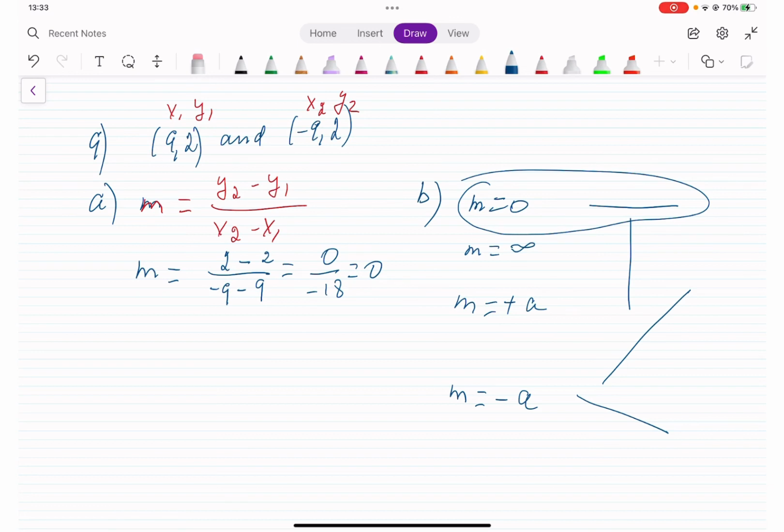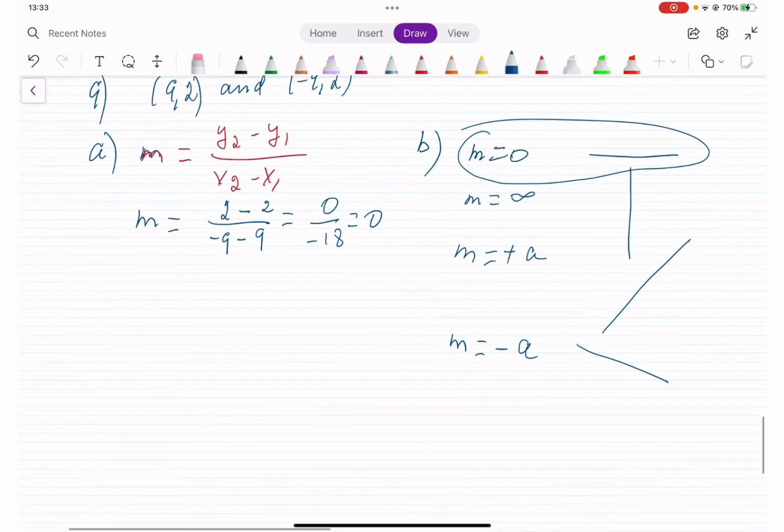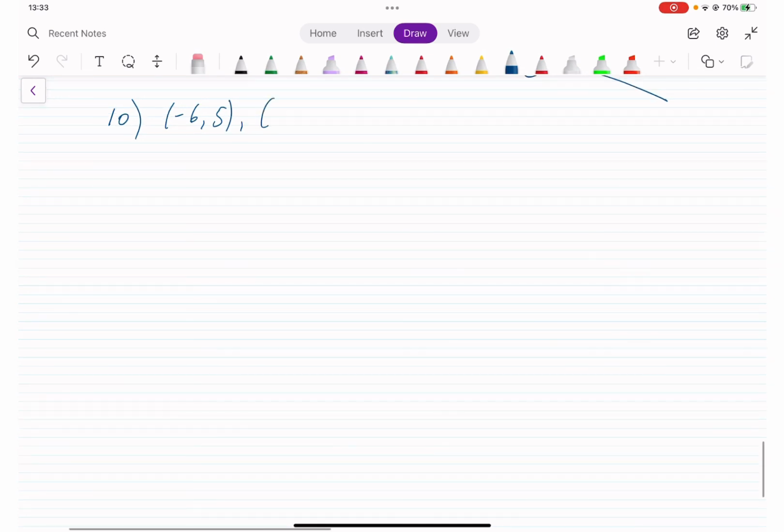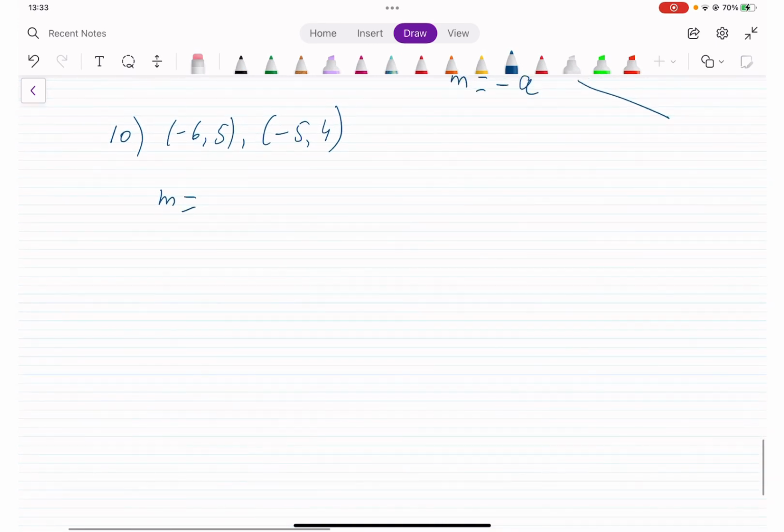Number 10. So we need to find the slope through negative 6, 5, and negative 5 and 4. Okay, the slope m is equal to y2 minus y1 over x2 minus x1.